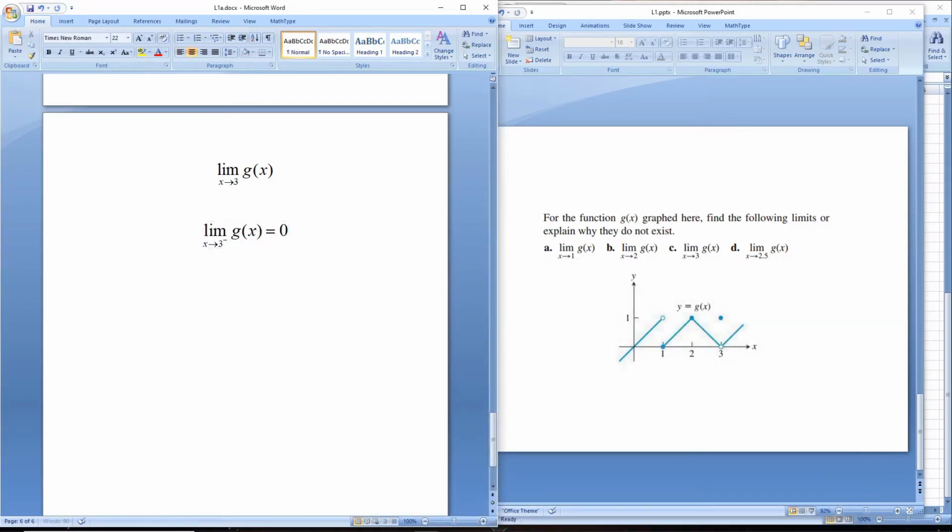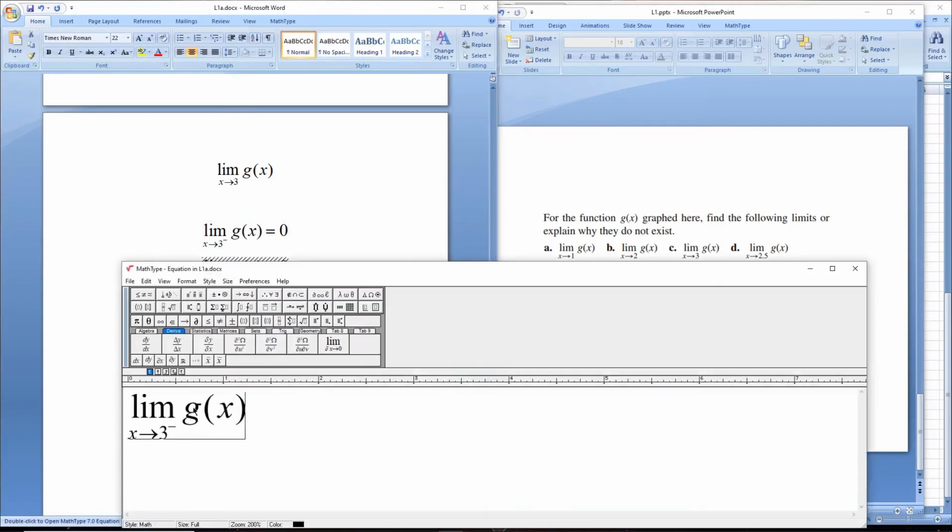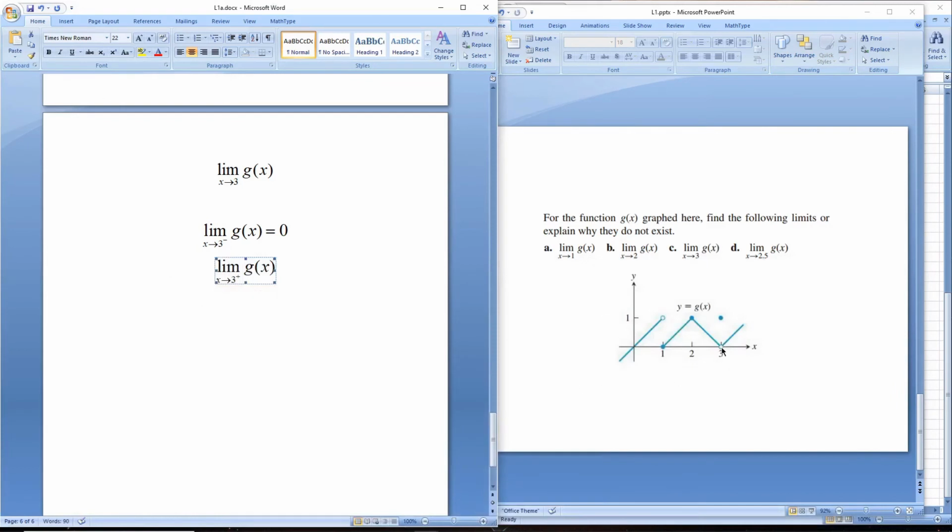Let's check approaching from the right. So I'll change the minus to a plus here to indicate from the right. Our point of interest is 3. And now we're going to come from the right on the function. So we'll walk along. As we get closer and closer to an input of 3, we find ourselves at a height of 0.